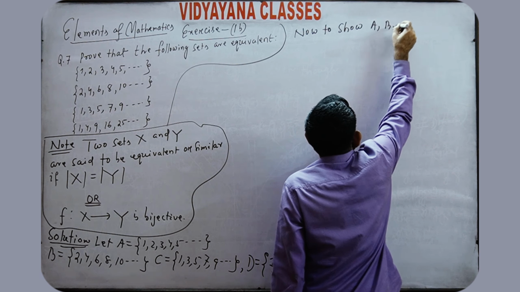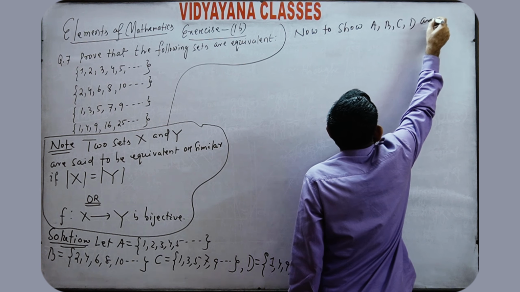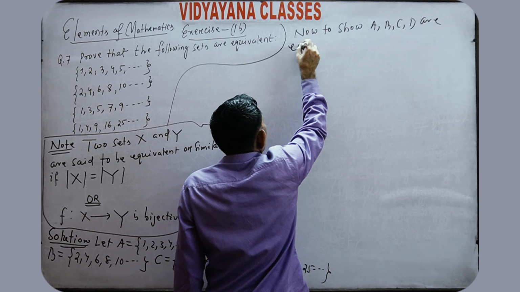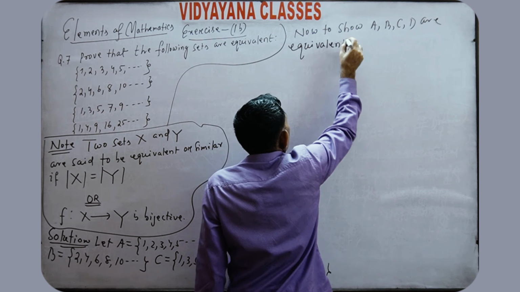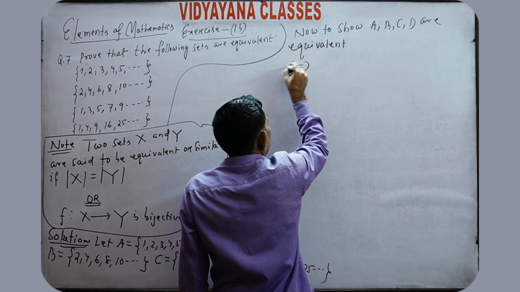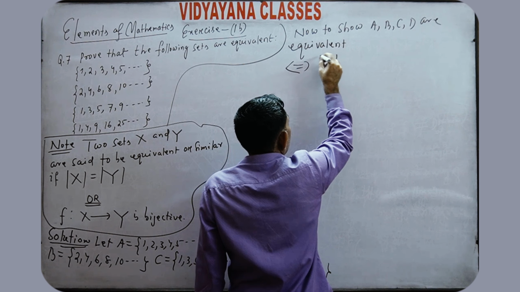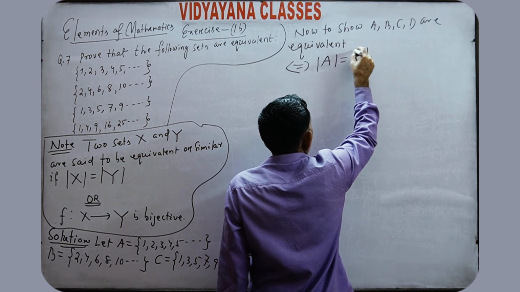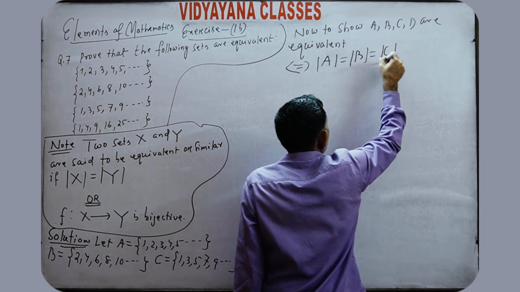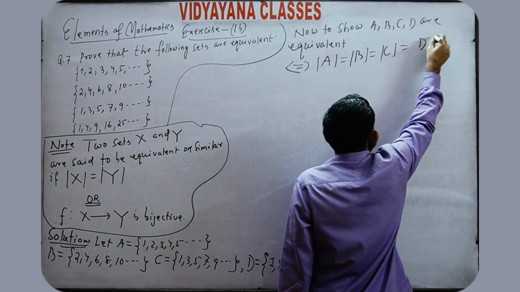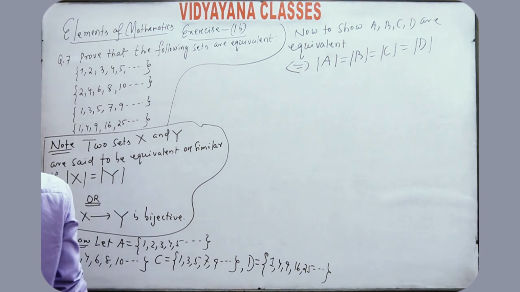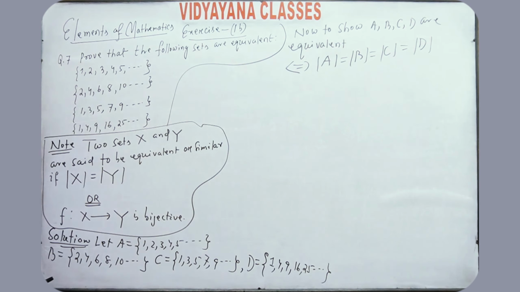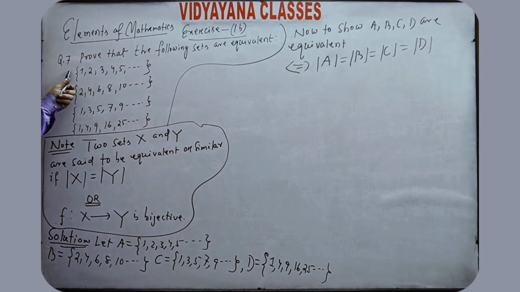A, B, C, D are equivalent. This implies, and is implied by, |A| = |B| = |C| = |D|, or there exists a bijective function between any two sets.